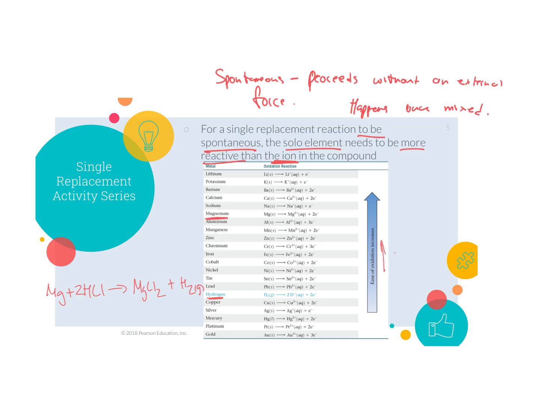This is increasing reactivity. And since magnesium is higher than hydrogen, this reaction happens without any external force. I can mix magnesium and hydrochloric acid, and I will get magnesium chloride and H2 gas.